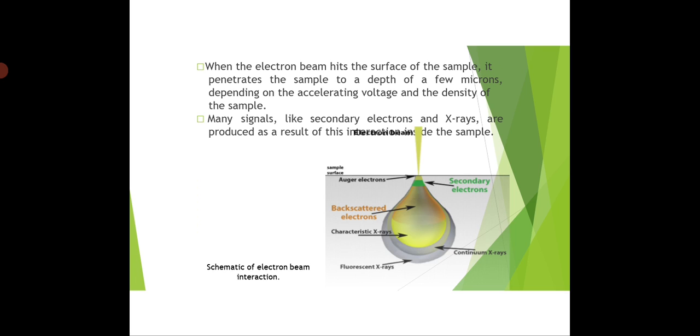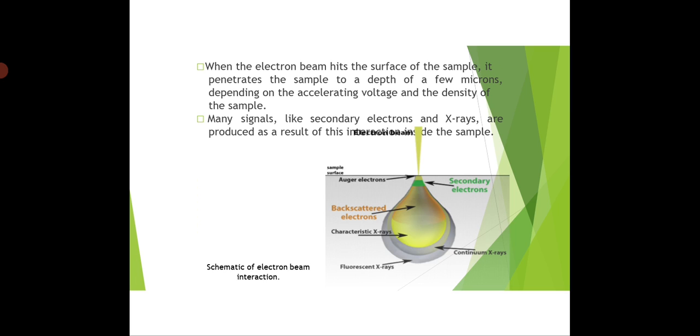At the top, the electron beam hits the sample and produces different types of electrons. Primary electrons are electrons produced by the electron beam.